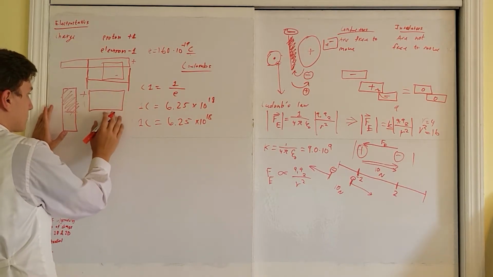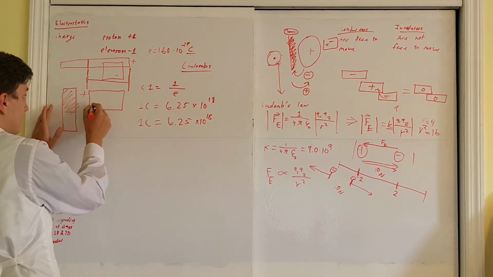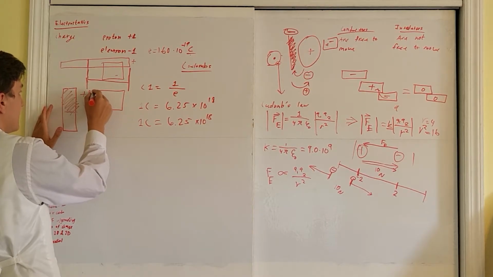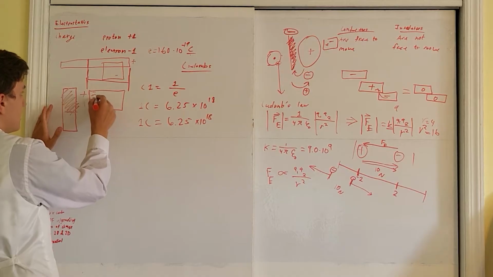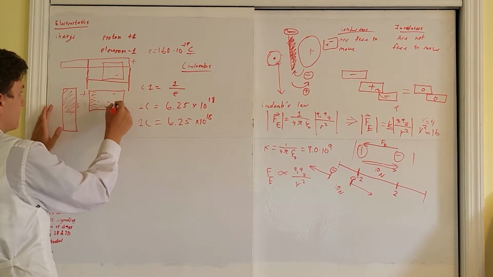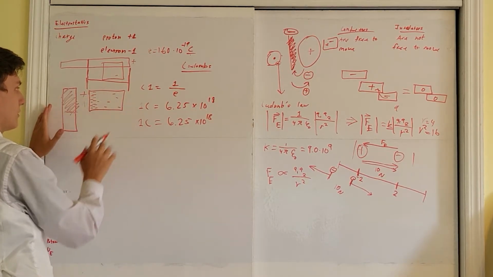So that means the electrons from throughout the conductor are going to be pulled towards this end, and they're going to be concentrated on this end. Okay? Which means there will be comparatively fewer electrons on the right.